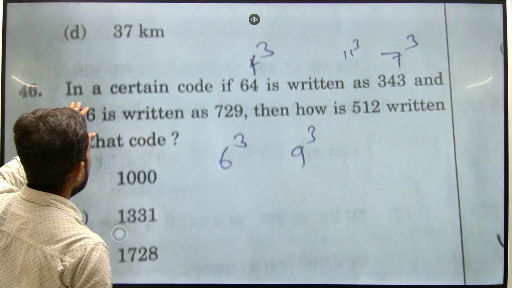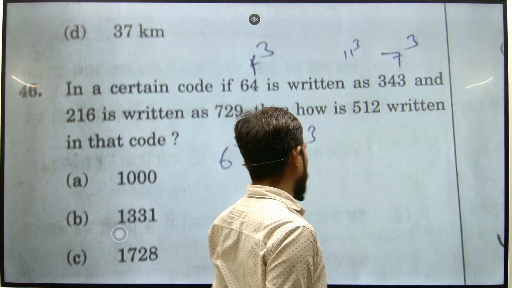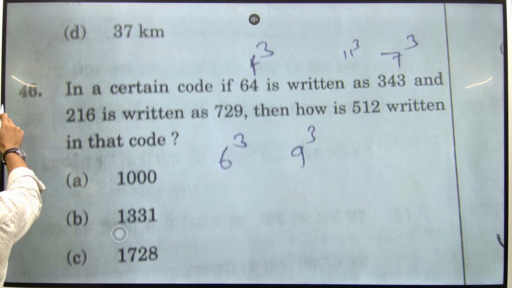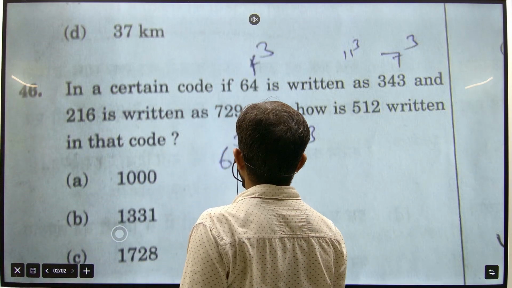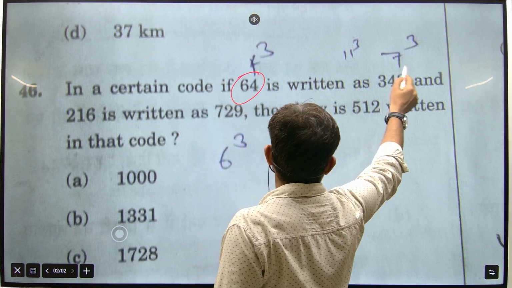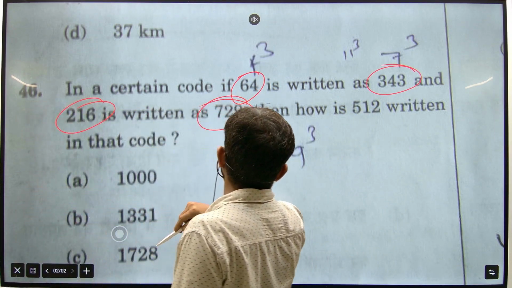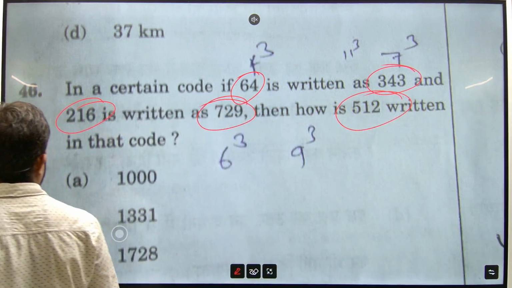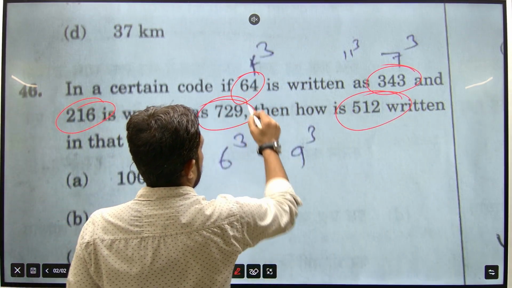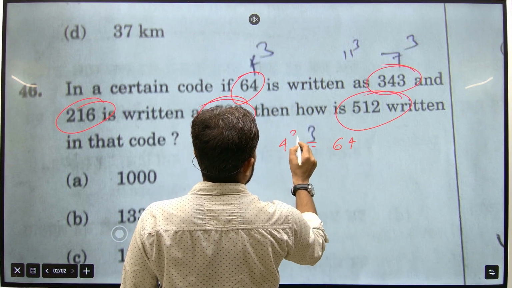In a certain code, if 64 is written as 343, it's also an easy question, easy for me, not for all. Now 64 is written as 343, 216 is written as 729, so what will be the code for 512? 64 is the cube of 4.